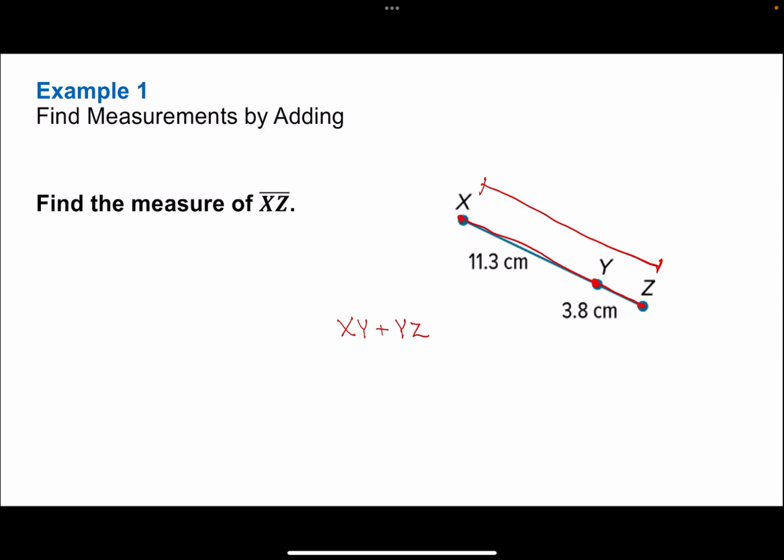And so if we add the 11 and 3/10 centimeters with the 3 and 8/10 centimeters, we are going to get 15 and 1/10 centimeters. That is the distance between X and Z.